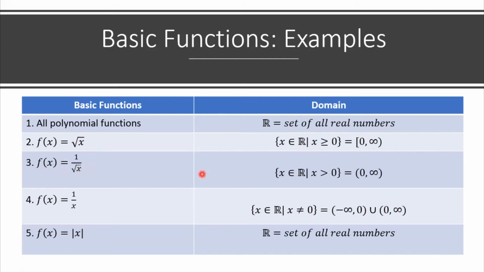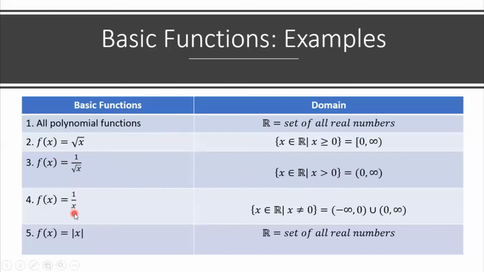Then the domain of that is x in R such that x is strictly greater than 0, which is written also like this. You have to take note, because if we equate that to 0, we have 1 over square root of 0, which is 1 over 0. That means if x is equal to 0, the function is undefined.